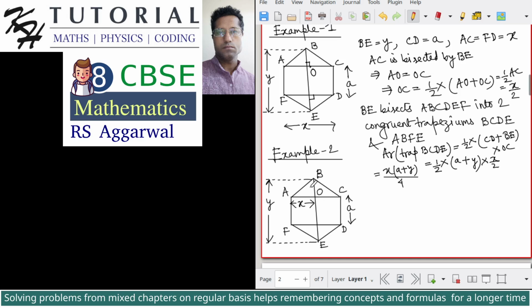Now obviously BE and AC will intersect at right angles, so we are given small x, which is AO, and also y is given.